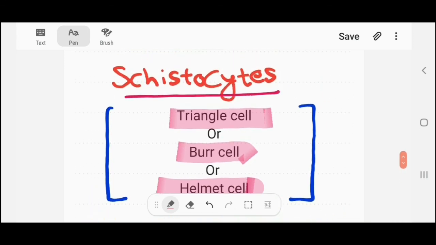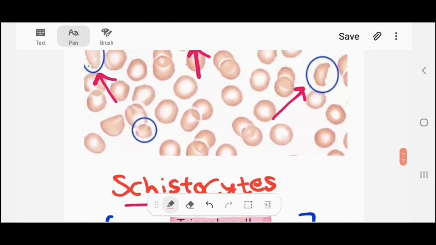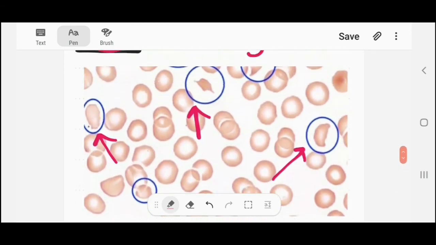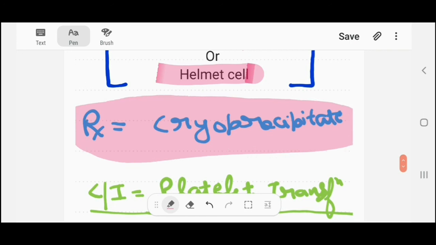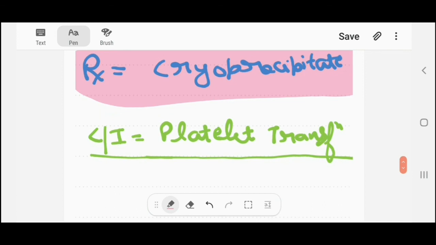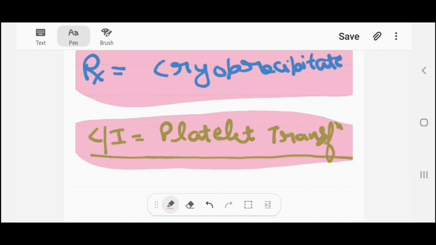So these are different types of schistocytes. You can remember this. So guys, what is the treatment for this? We can give cryoprecipitate in these patients.